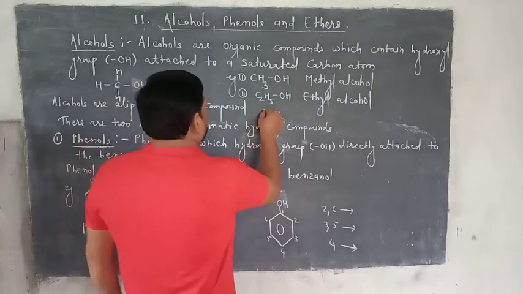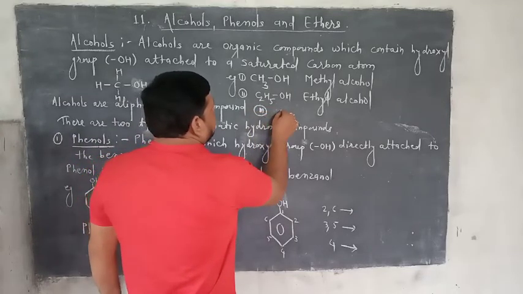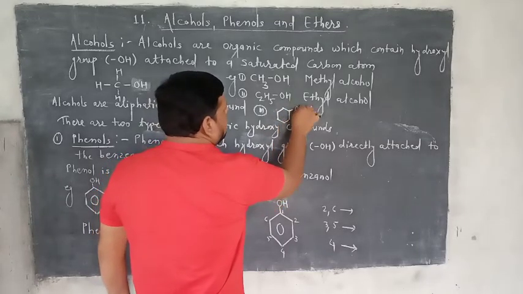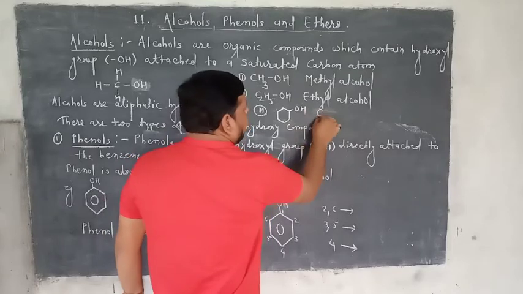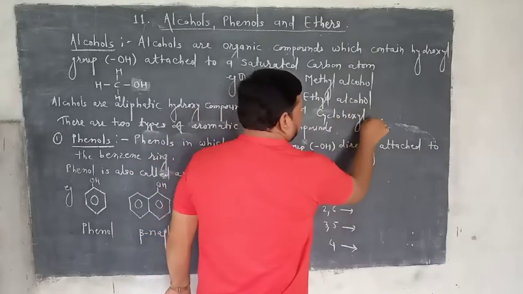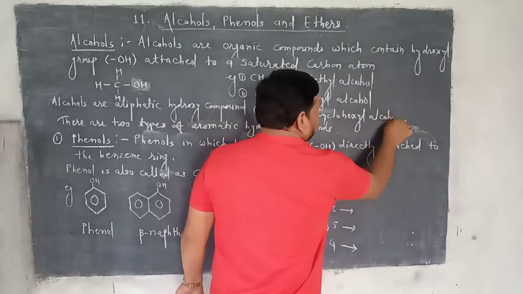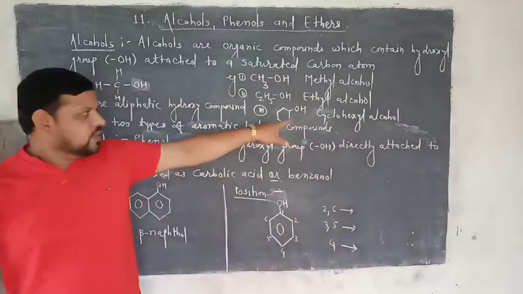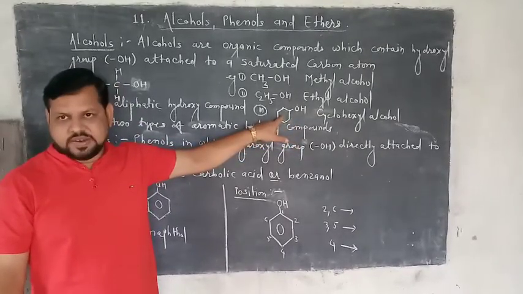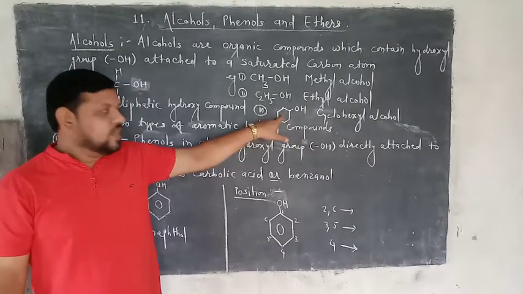Third example, cyclohexyl alcohol. The cyclohexyl alcohol is formed from cyclohexane, that is C6H12.